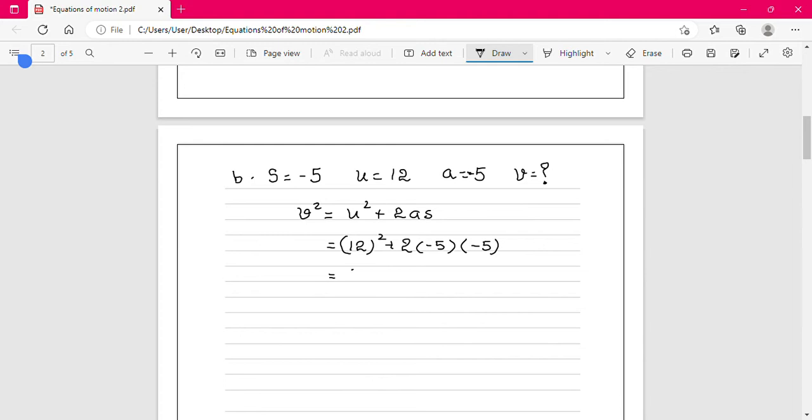So it is 144 minus 5 into -5, that is positive 25 into 2, 50, which is 194.